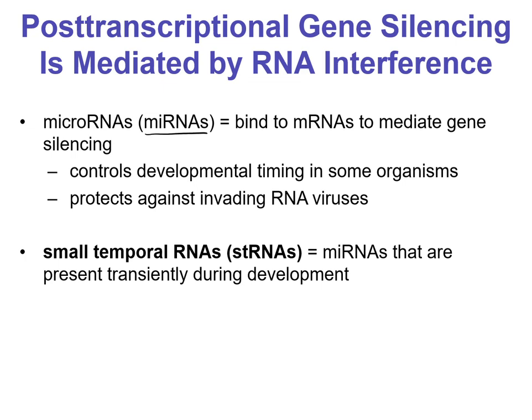It will keep certain messenger RNAs quiet until the right time, and then they can be allowed to make their product, and then that product will go on to aid in the development of the organism. This also protects against invading RNA viruses, particularly in plants, because they don't really have an immune system. So this will quiet viruses, and plants are preloaded with all these different RNAs that actually recognize plant viruses. So it will bind to them and shut them up.